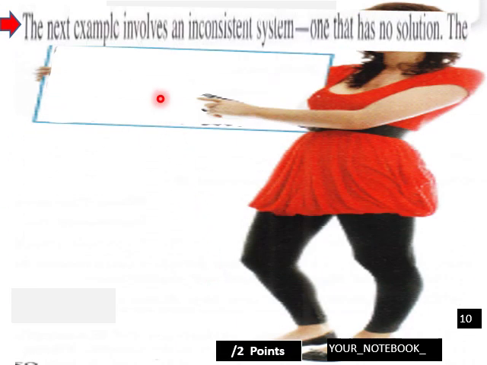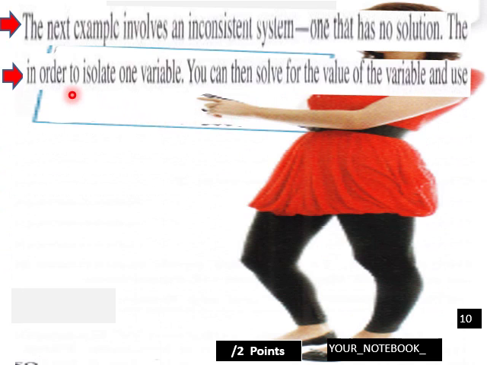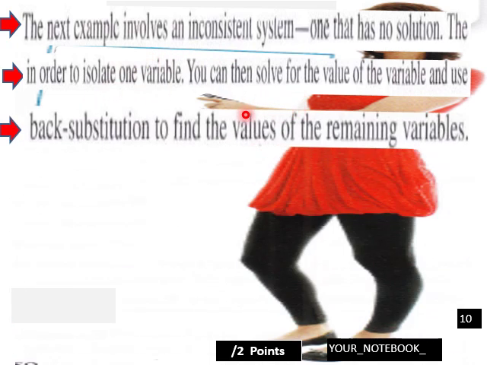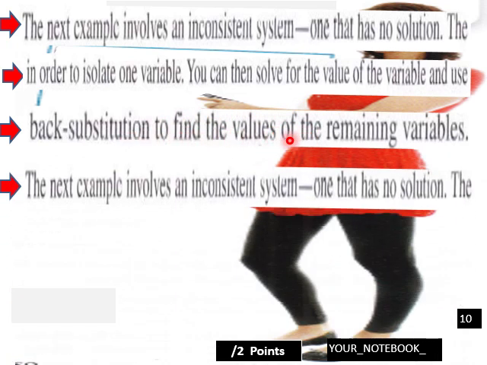Okay, page 10. The next example involves an inconsistent system, in other words, one that has no solution. In order to isolate one variable, you can then solve for the value of the variable and use back substitution to find the values of the remaining variables.